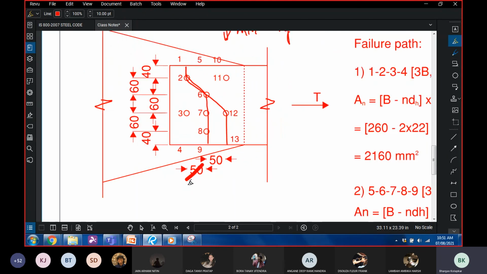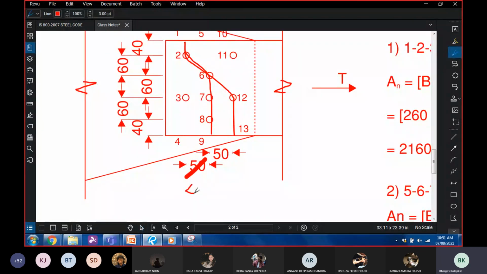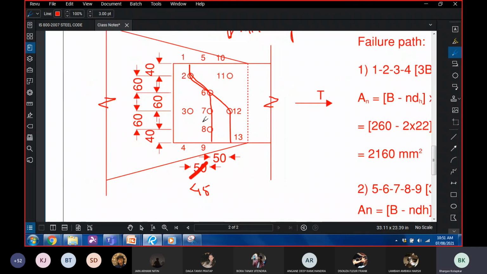Okay, so just another example. Another possibility, if you had say 45 instead of 50 here, you already know that between 1, 2, 6, 7, 8, 9 and 10, 11, 6, 7, 8, 9, which path will you choose? 1, 2, 6, 7, 8, 9.